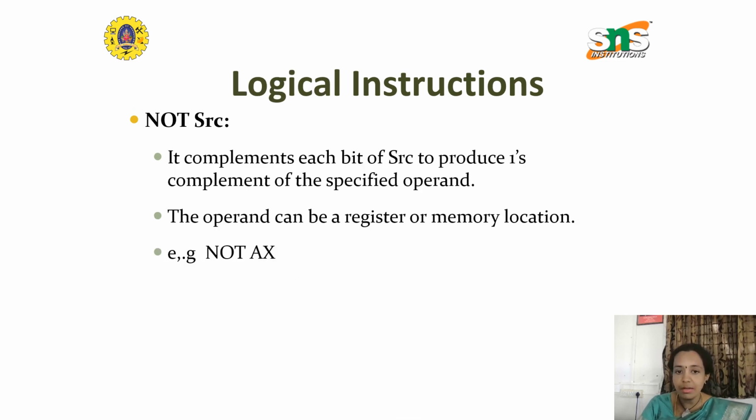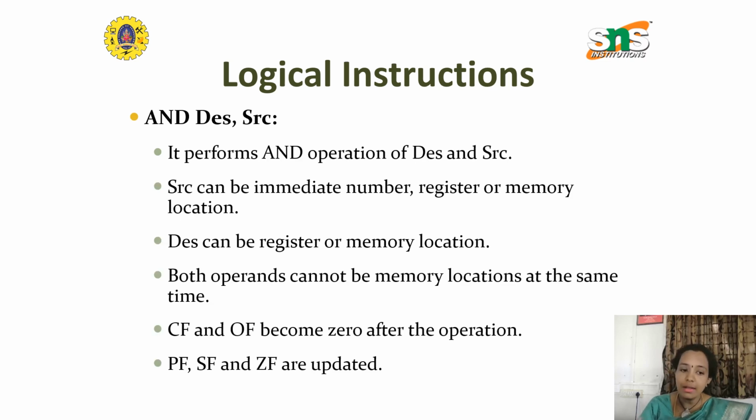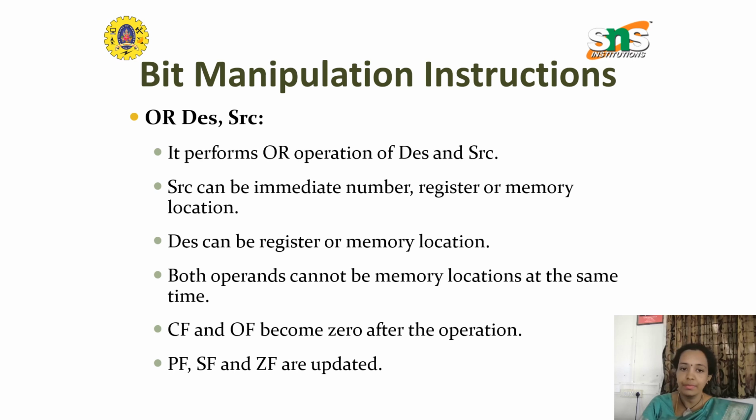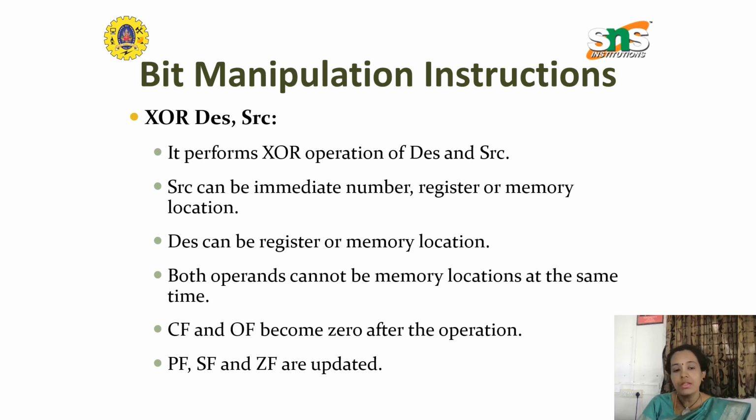NOT converts zeros to ones and ones to zeros, which is the complementing work. This is one of the logical operations. The AND operation is one of the logical operations. The OR operation is also one which we use in 8086, and the XOR operation performs XOR of DES and SRC.